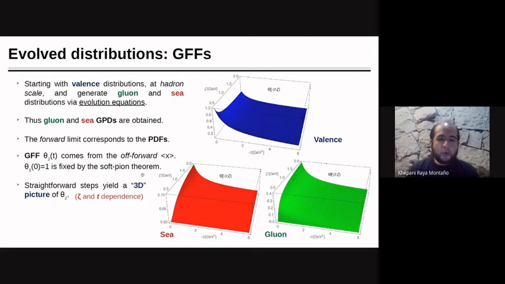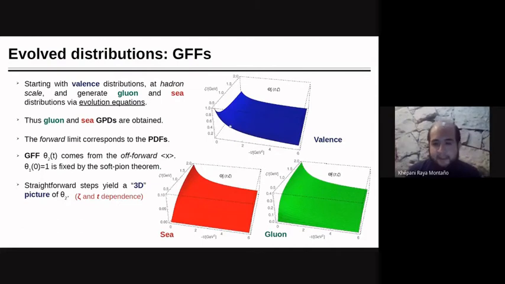Now, because we have splitting functions, the DGLAP equations, after a series of algebraic steps, and following also our all-orders hypothesis for the evolution, we can get a 3D plot of the gravitational form factors.